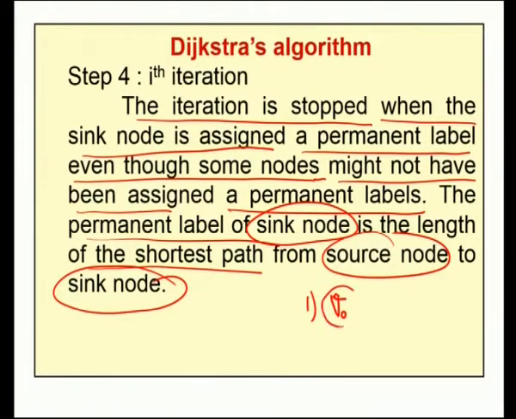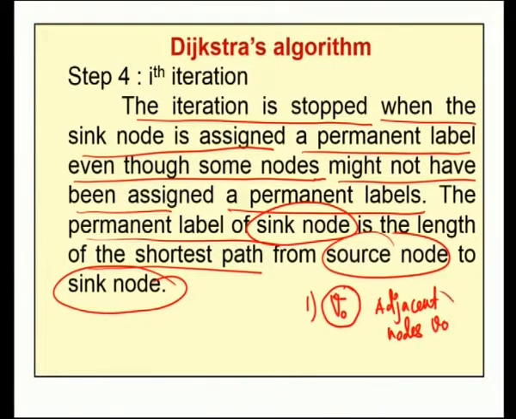Once we assign the label for the initial node V naught, the next step is to collect all the nodes which are adjacent to V naught.